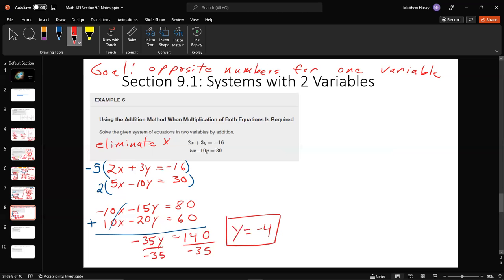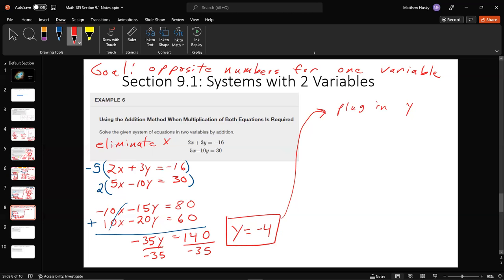Next, what we then need to do is pick your favorite equation and plug in the value of Y that you just obtained. Again, these are not problems for indecisive people. You can pick the top, you can pick the bottom. Not a lot riding on this choice. Either one is correct. You just got to pick something and go with it.